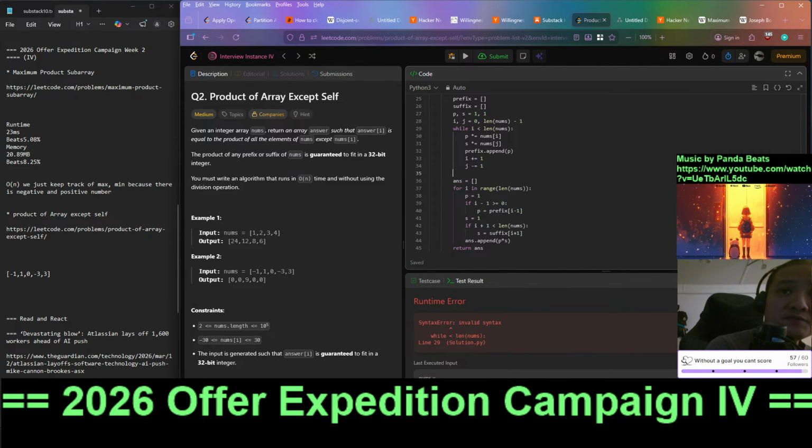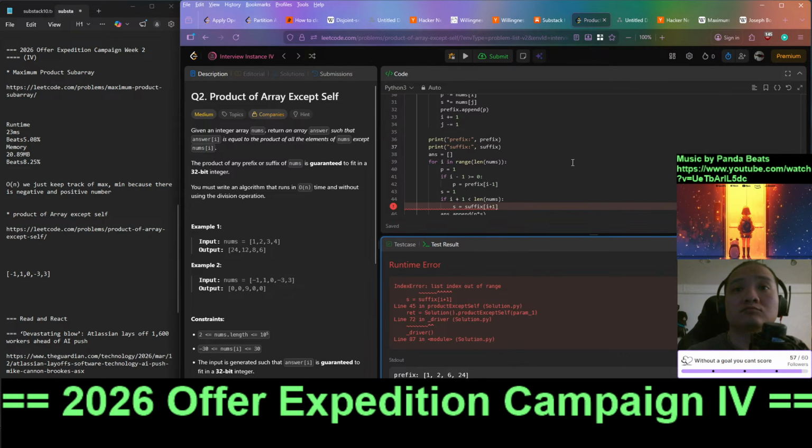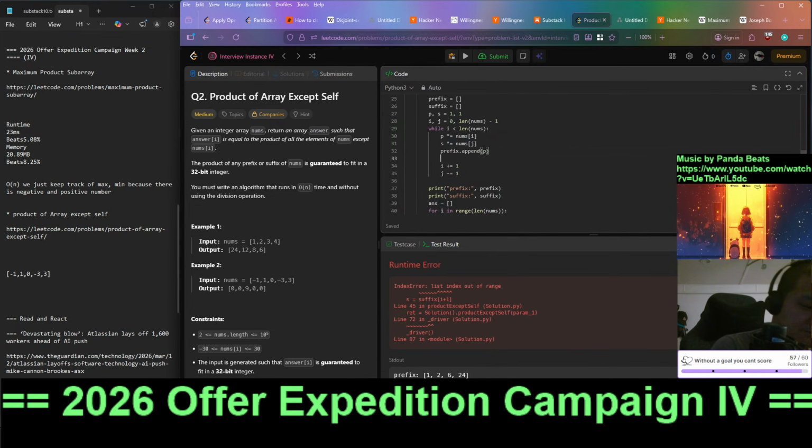So let's print our prefix and suffix. Guys, suffix equal, gotta build from the back.